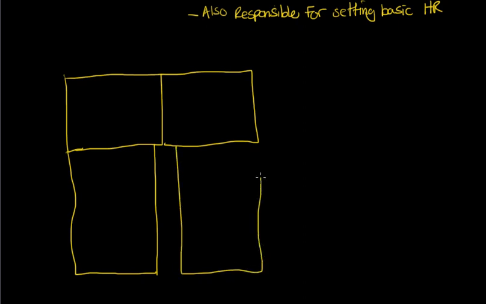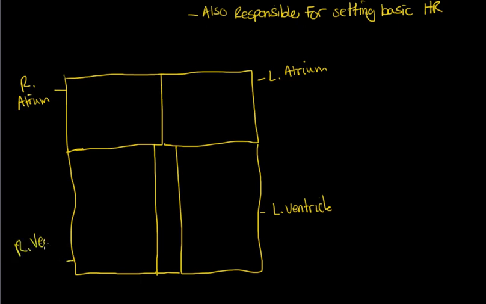We've got the interventricular septum here. So we've got a left atrium, a left ventricle. Remember, we're looking at the heart, and so that's why there's a reversed right atrium and right ventricle.